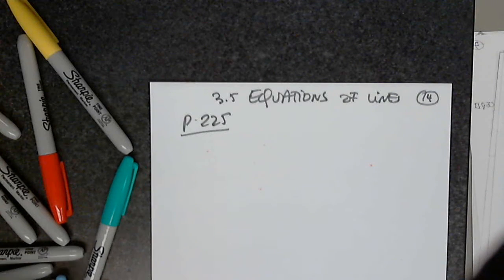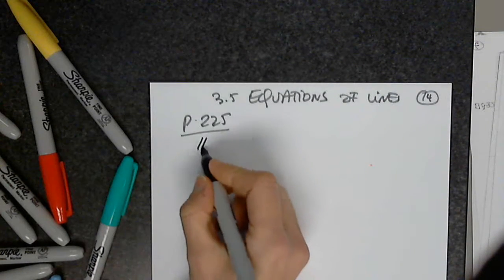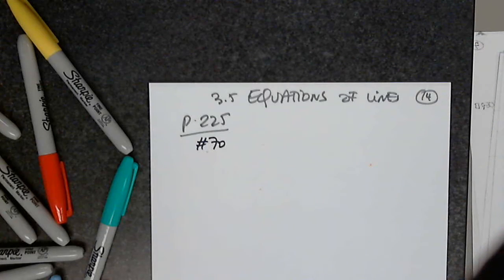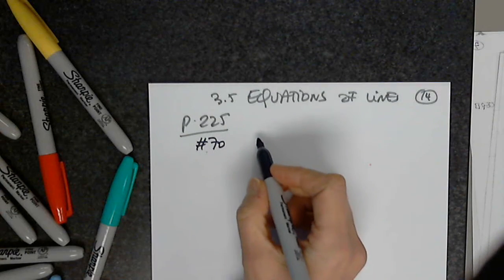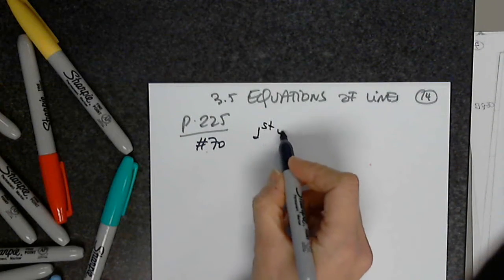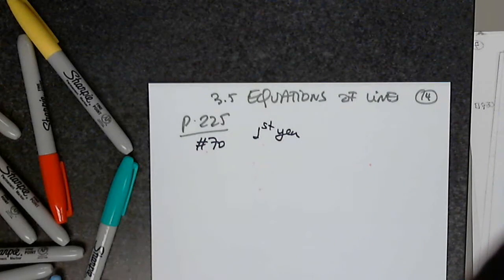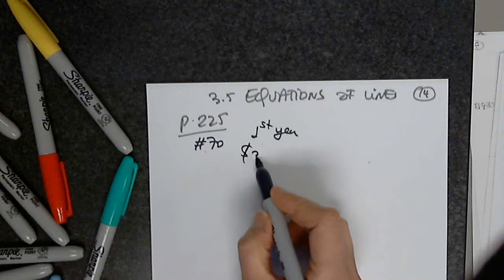Let's say problem 70. A Hawaiian fruit company is studying the sales of a pineapple sauce to see if this product is to be continued. At the end of the first year, profits on this product amounted to $30,000.